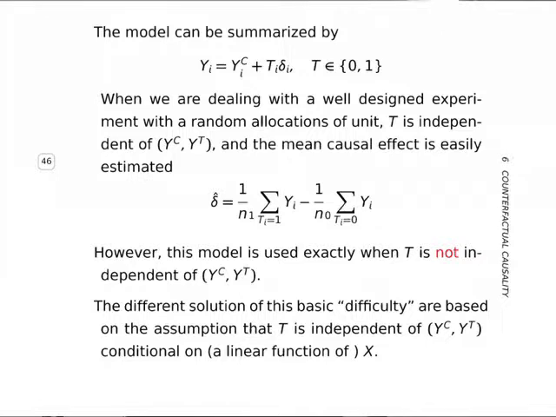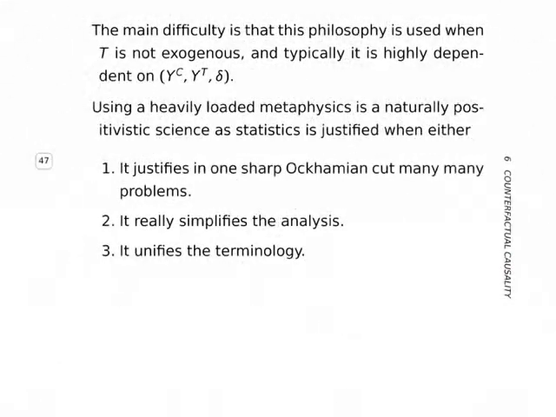I can use this terminology if it helps me, if it really simplifies the analysis, if it unifies the terminology, if it solves many problems in one Occamian step, then I can be happy with this terminology. But the razor is not that sharp, and I don't think it solves anything.